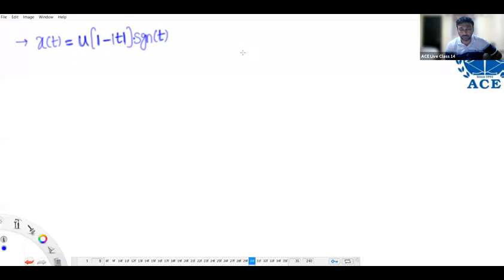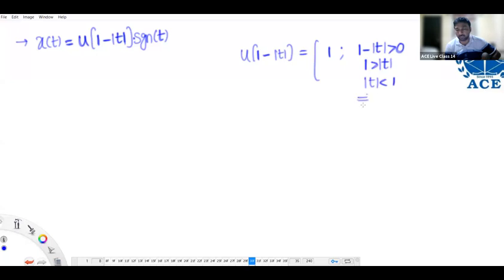So if you compare with the u of t definition, it is 1 for t greater than 0. Here 1 minus mod t greater than 0 means mod t less than 1. What is the meaning of modulus of t less than 1, sir? Minus 1 to 1.